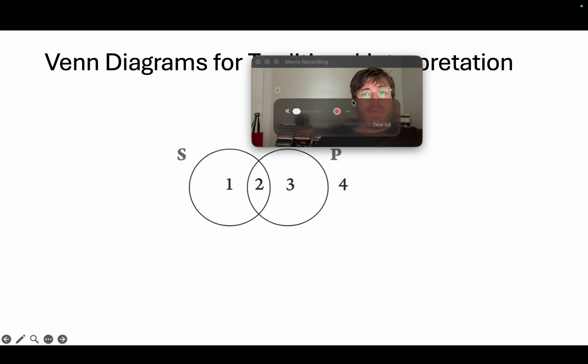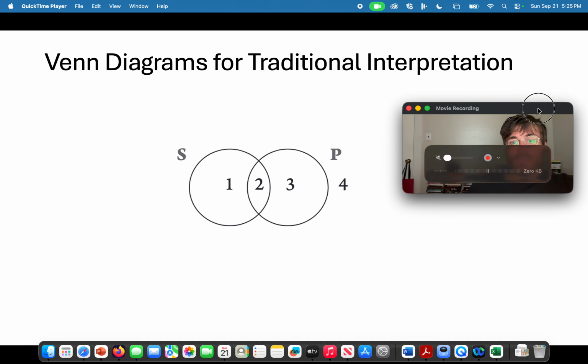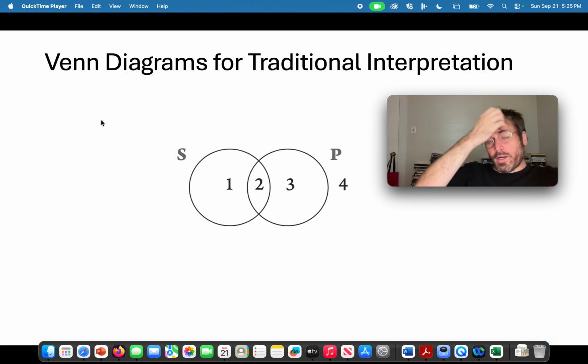Okay, let's talk about the Venn diagram on the traditional interpretation of logic. We're going to end up applying this to our categories. We know what Venn diagrams are, essentially, right? It's just a figure that represents the relationship between certain categories.